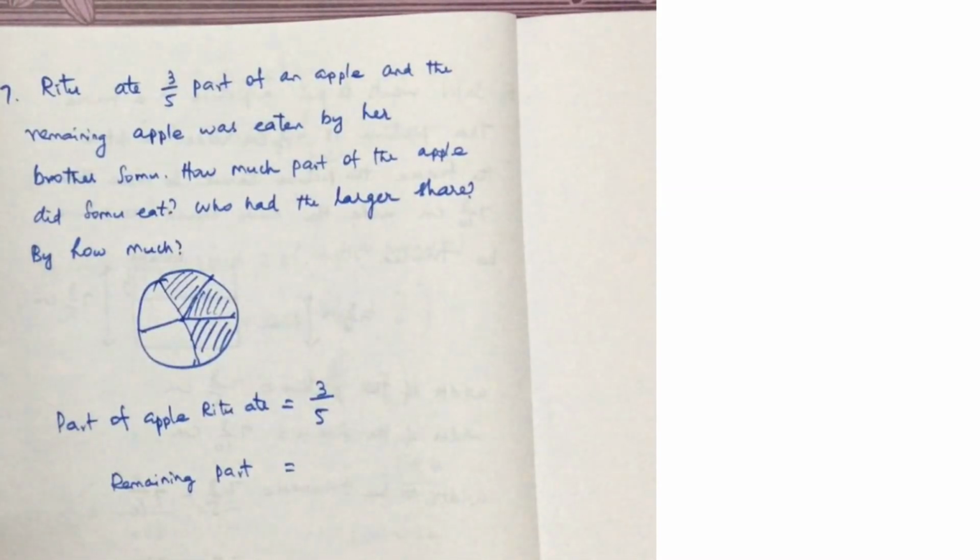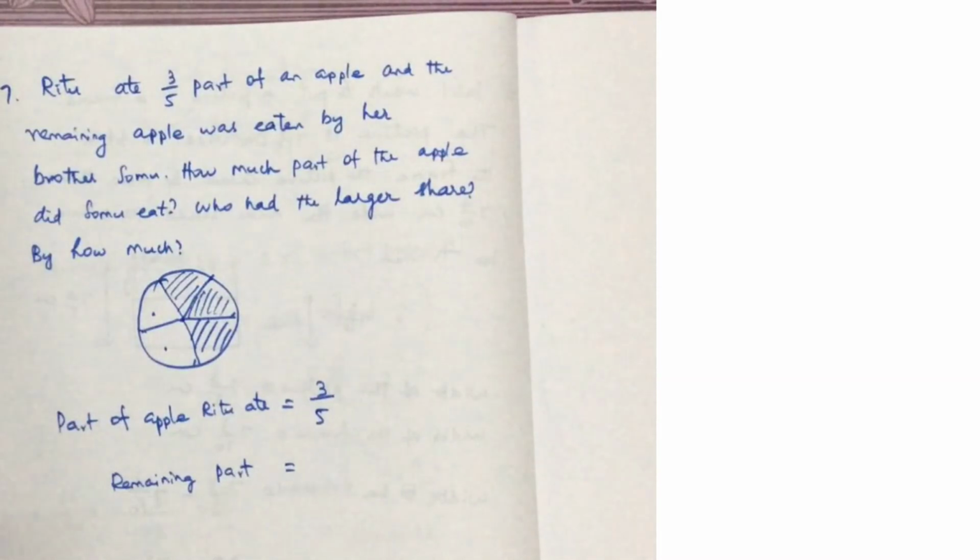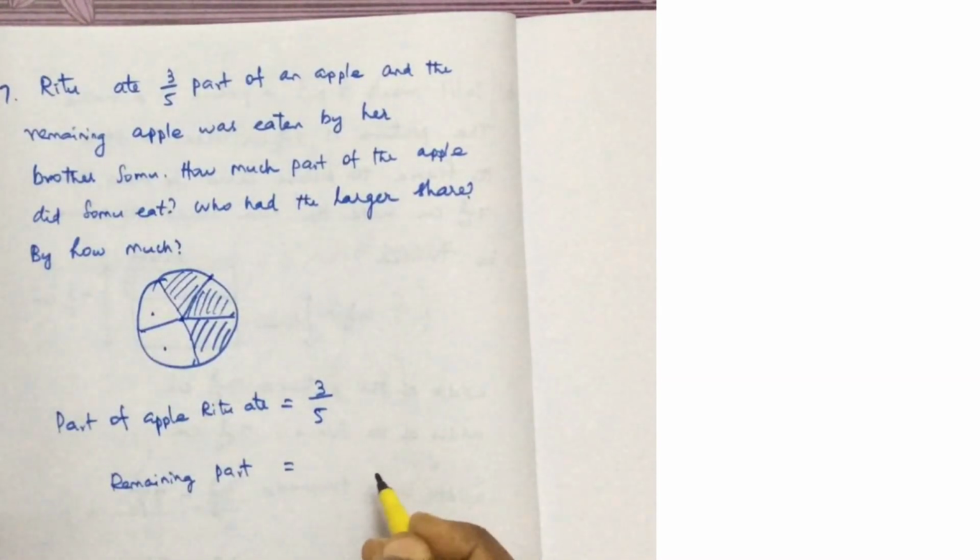What is the remaining part? Here we can see this and this are the remaining part. From the figure you can directly write 2 by 5, but I will tell how to derive it.